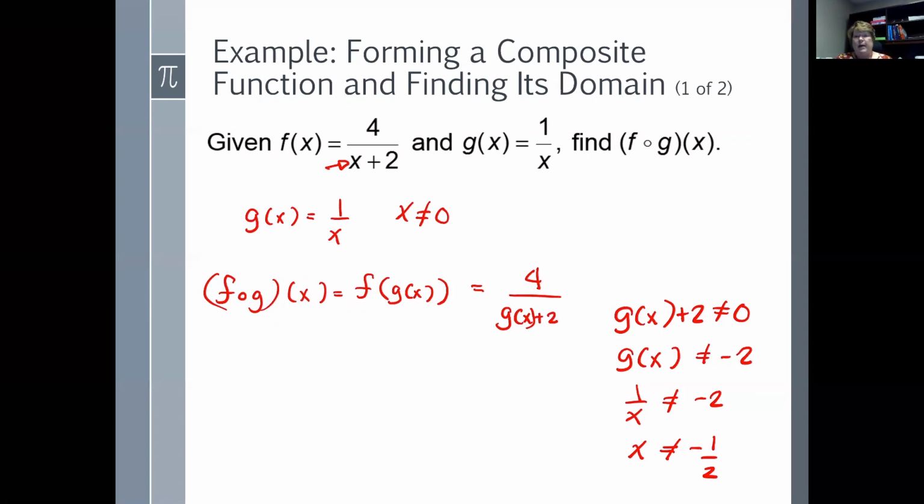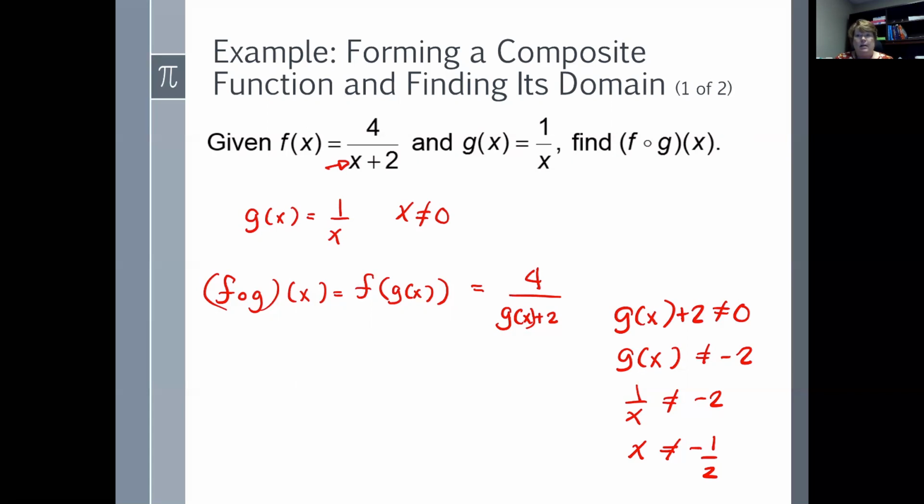X cannot equal 0. All right, then we compose the function. F composed with g of x is f at g of x. So in my function f, I'm going to replace the x with g of x. So now I have 4 over g of x plus 2. G of x plus 2 cannot equal 0. So g of x cannot equal negative 2. So 1 over x cannot equal negative 2.